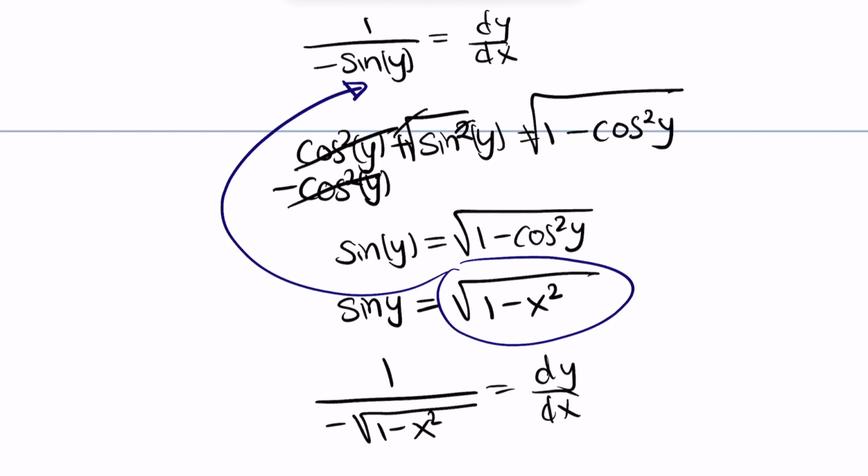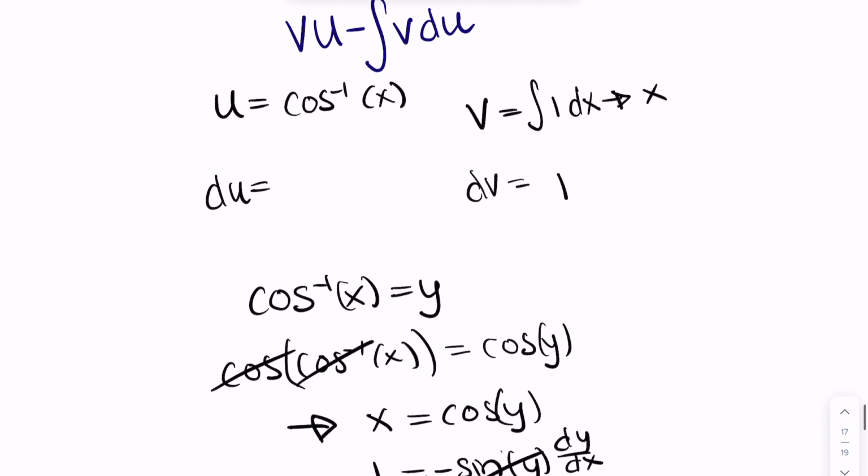So we're going to use this again. We're going to input this as our du value. So let's go ahead and go back up. We got negative 1 over the square root of 1 minus x squared.